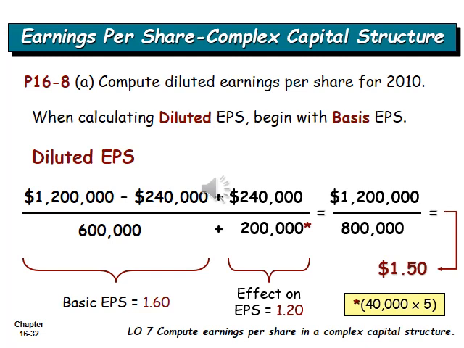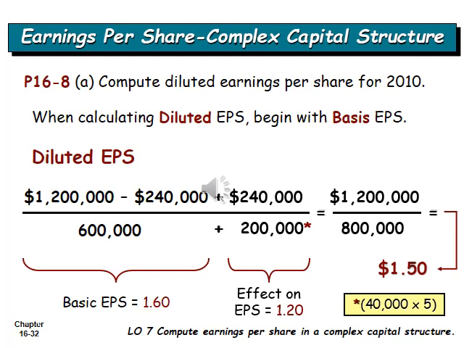Now for the diluted earning per share in this case, we have to remove the effect of the preferred dividends. If the preferred stock is converted into common stock, there are no preferred dividends, and the number of shares will increase by 200,000. So the diluted earning per share will be the net income 1,200,000 over 800,000 shares, which is 600 plus 200.